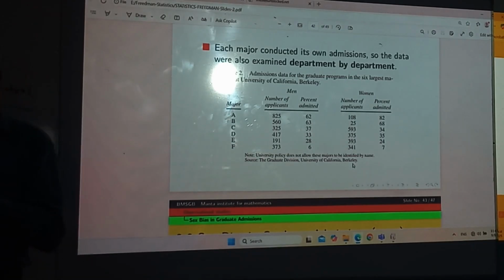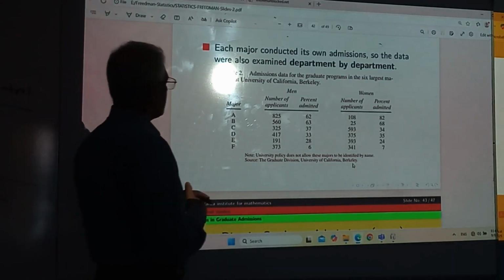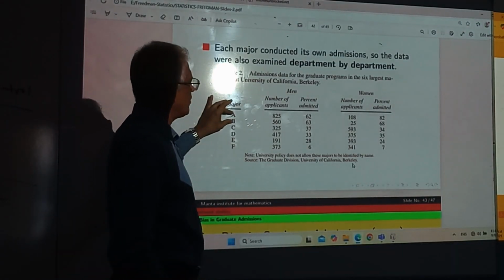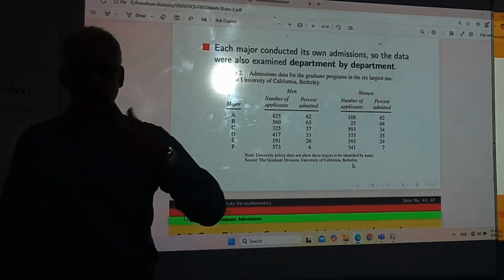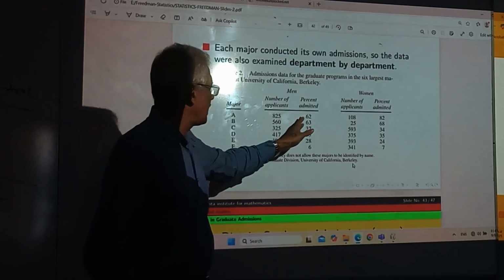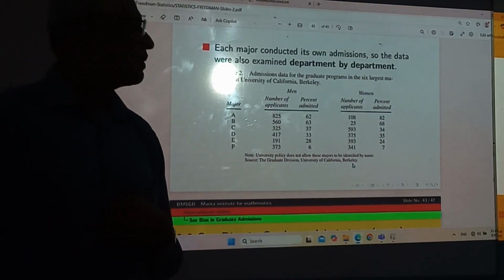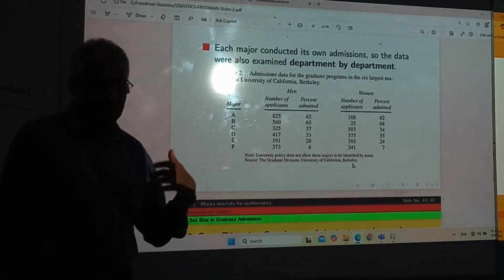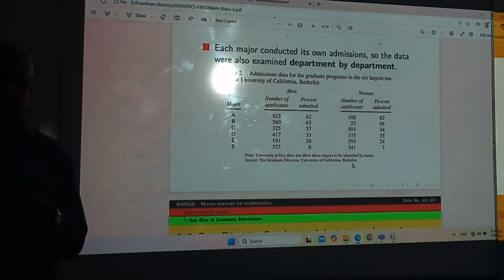Some departments are very strict, and therefore they select only a small percentage of people who come. So we can see that departments A and B are selecting a large proportion of people who come for the interview, whether male or female. Percentages are very high. So what happened here was, actually, males were applying for those departments which are easy to get into.